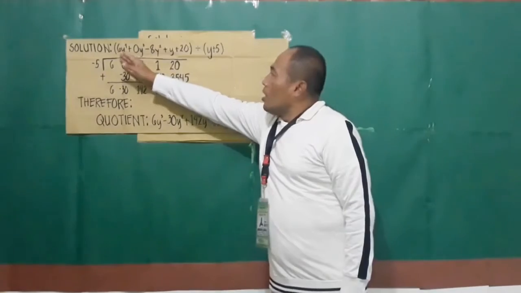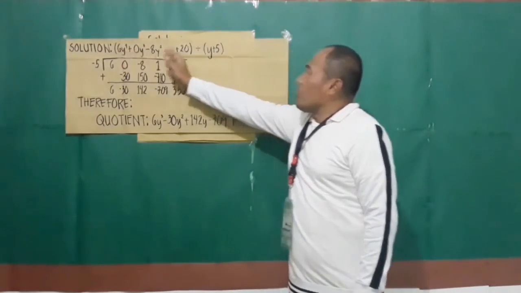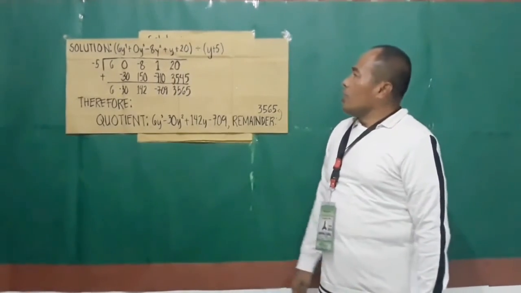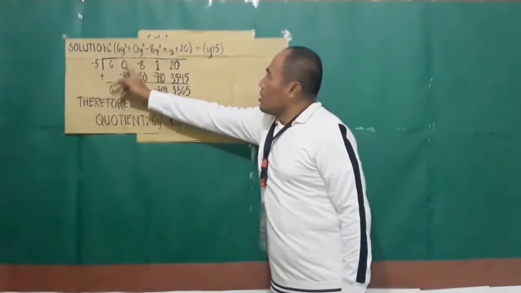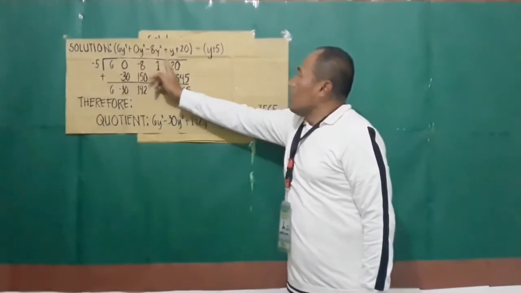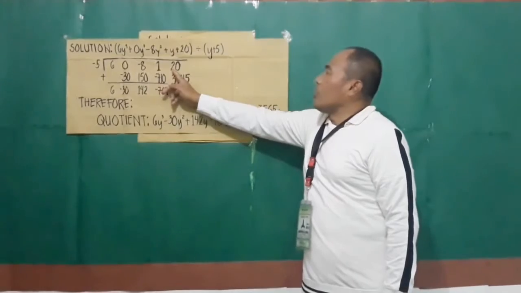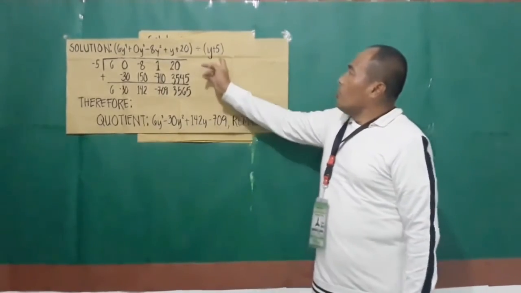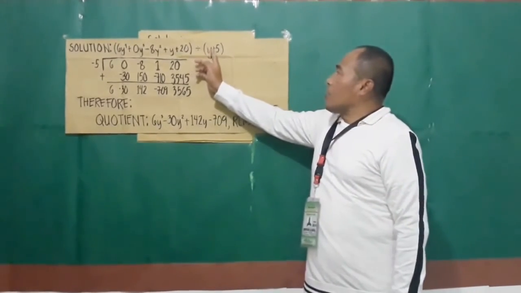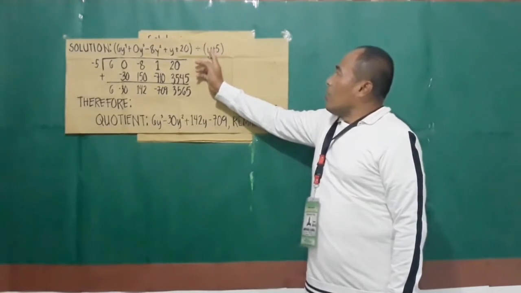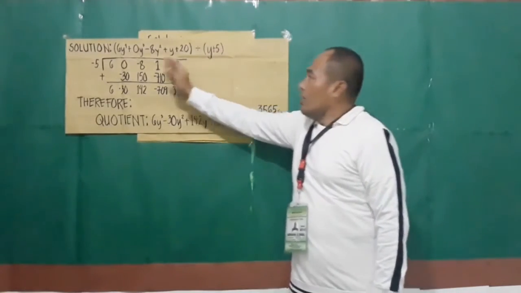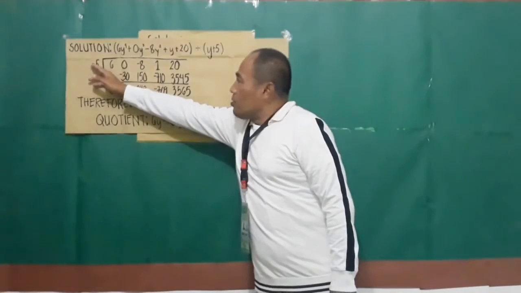Write the numerical coefficients of the polynomial: 6, 0, negative 8, positive 1, 20. The synthetic divisor from y plus 5 is negative 5.